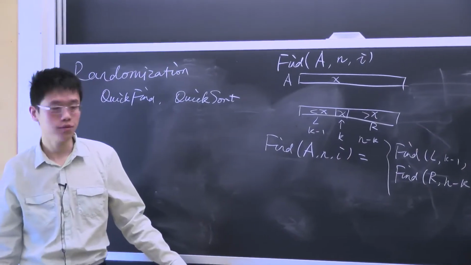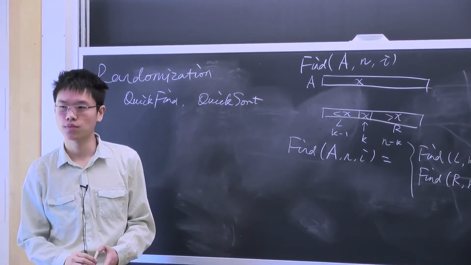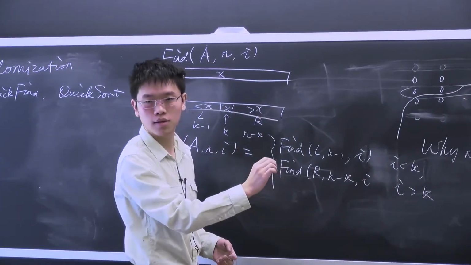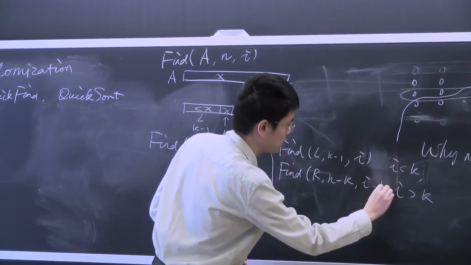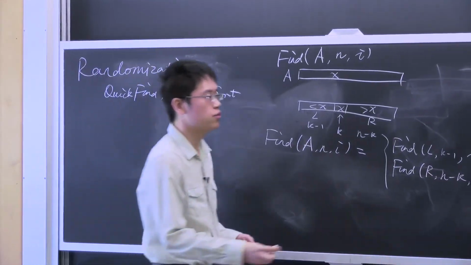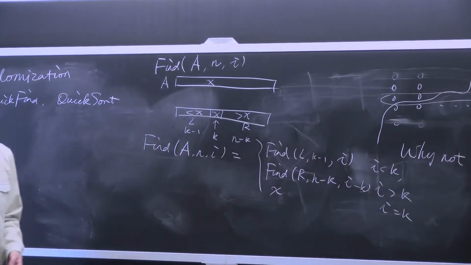So what's the last argument? I agree. i minus k. Right? Okay. So of course, if i is equal to k, then we just return x.